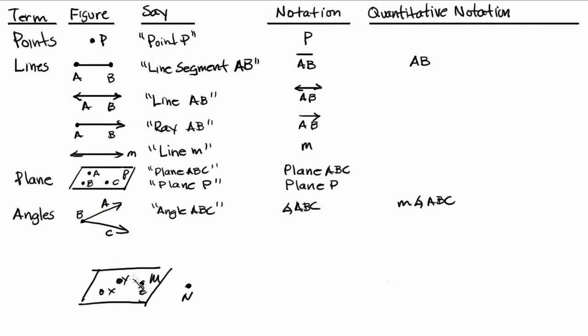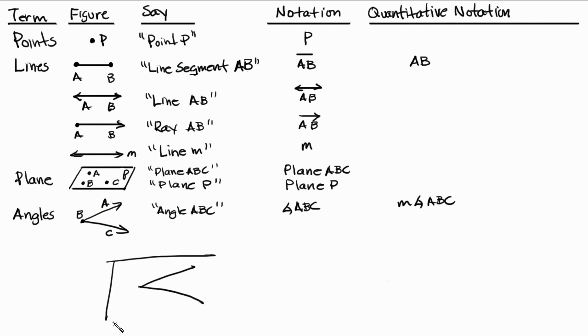Okay, so now when you have 3 points in a plane, well, first of all, 2 points determine a line. 3 points determine a plane. And in a plane, you can create an angle.